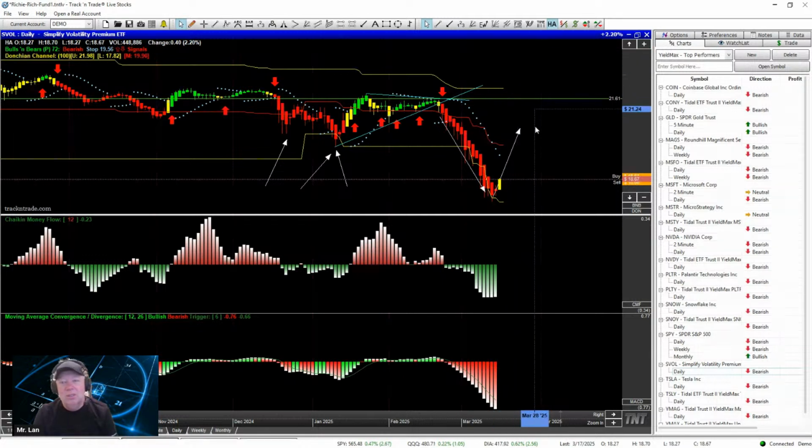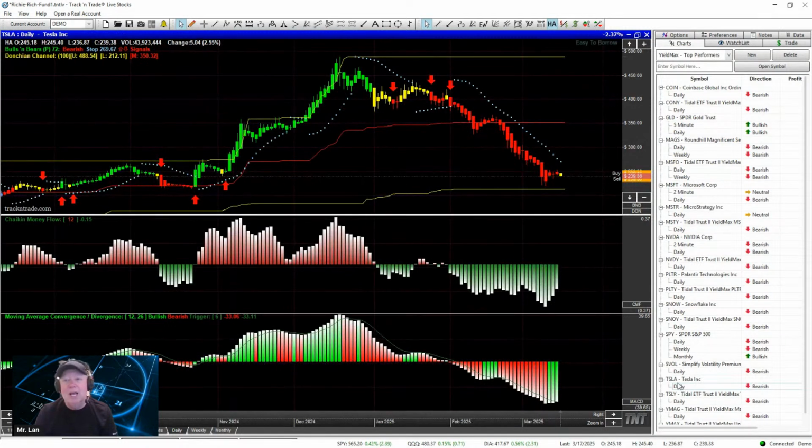If it looks like things are starting to calm down, you could buy that and make a lot of money on the way back up, and it pays good dividends. So this and definitely SVOL, put some money in SVOL if you want to. I mean, dividends is good. Good is relative. I think it's 16% or something.